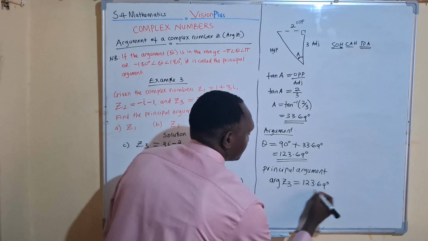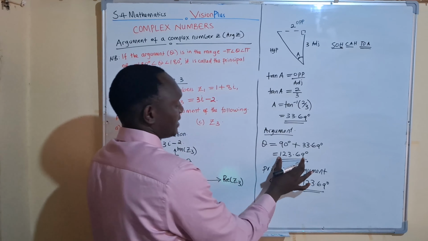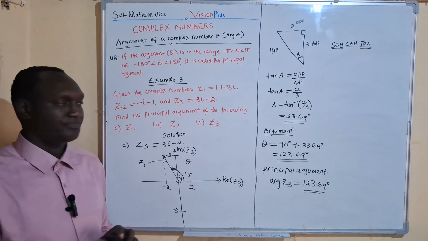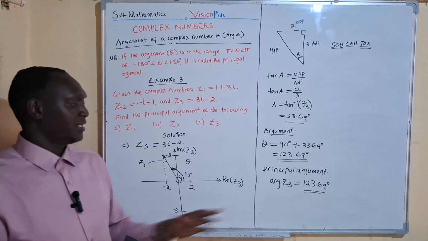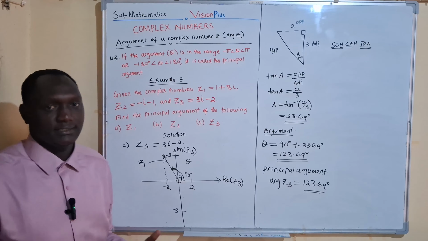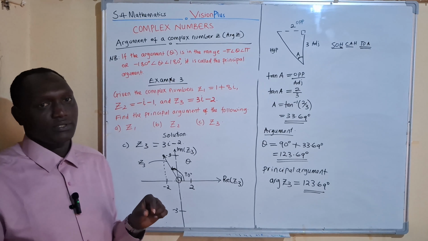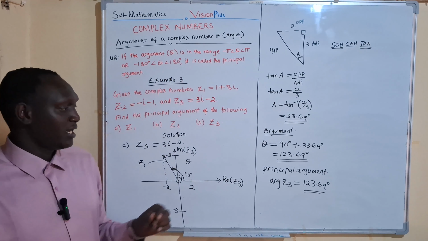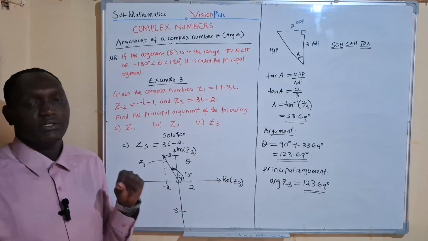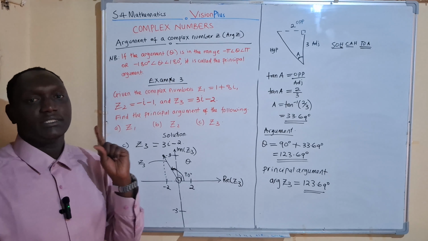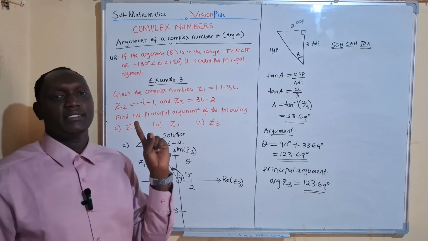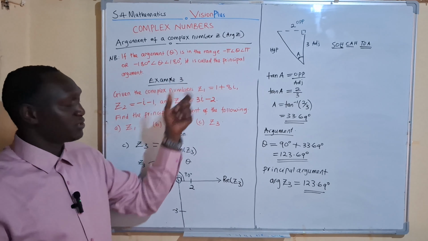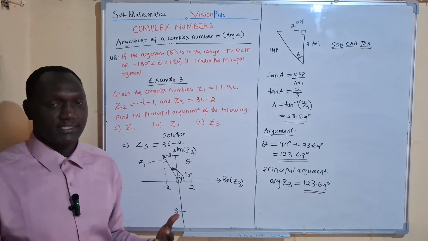This means that for it to just be called argument, remember, this is also argument. The principal part says that it is in this range, but whether it is in that range or it is not in that range, it is first called argument. The term argument is used for the angle, whether the angle is within this range or outside that range.